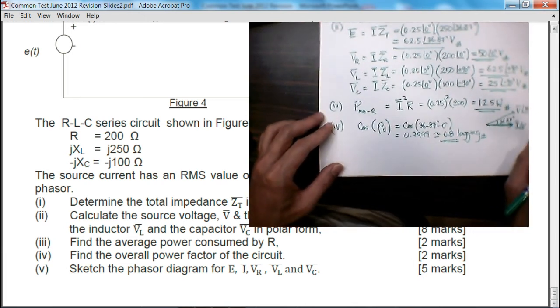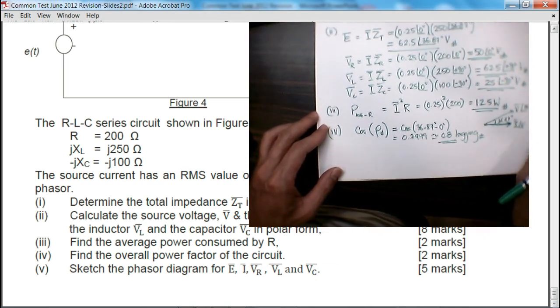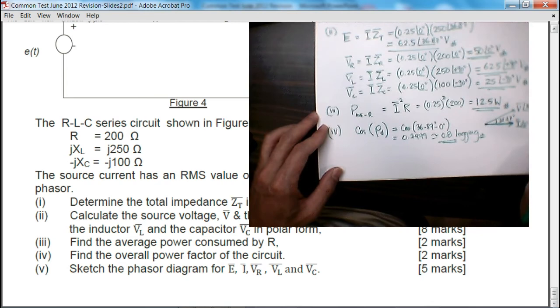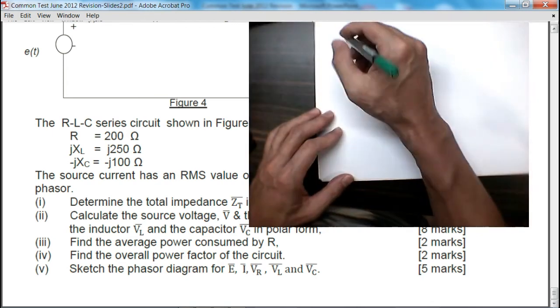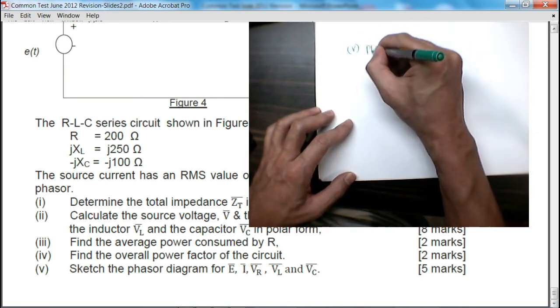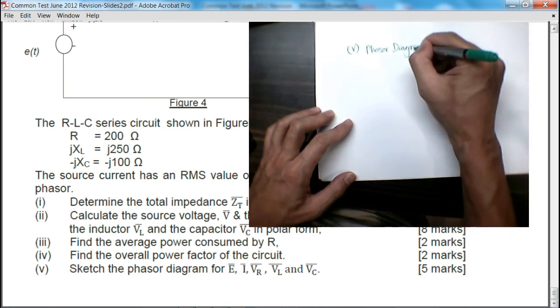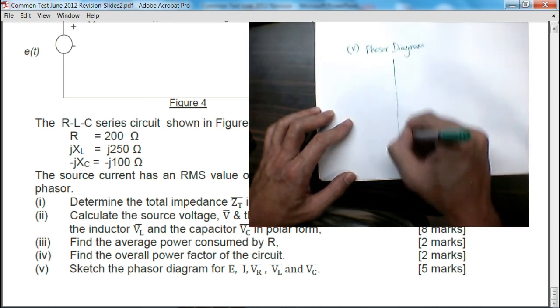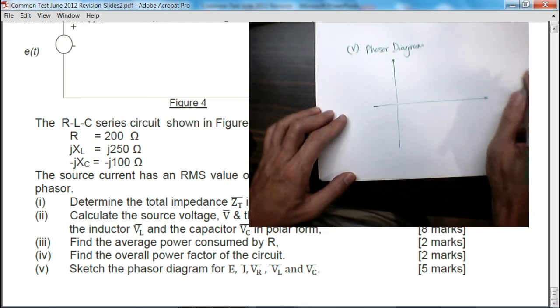Alright. And finally, the last part is to sketch the phasor diagram for the voltage supply, the current coming in, the voltage across the resistors, and so on. The phasor diagram is drawn as follows. We have the vertical axis, we have the horizontal axis.